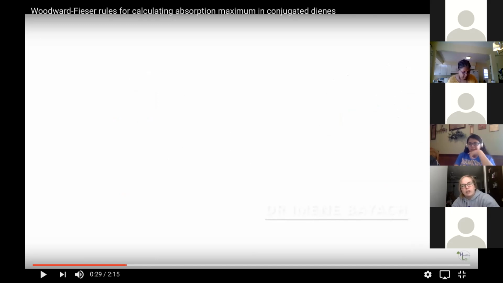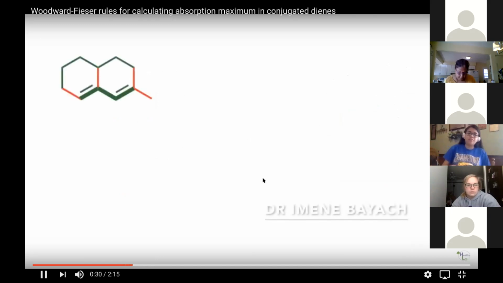You would add the 30 if you go back into the chart, if it was directly connected to the pi system. But since it's just attached to that single carbon, which attaches to that double bond, it's just considered another alkyl substituent. Got that, everybody? Okay.